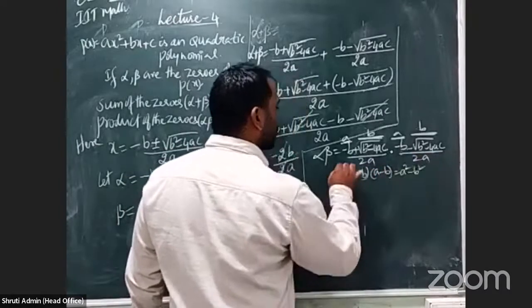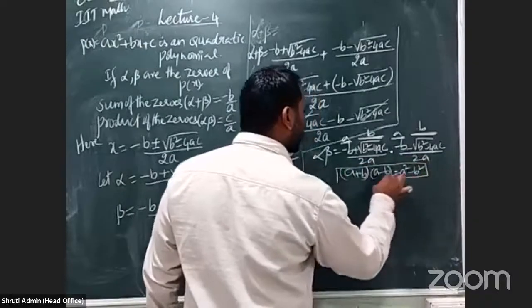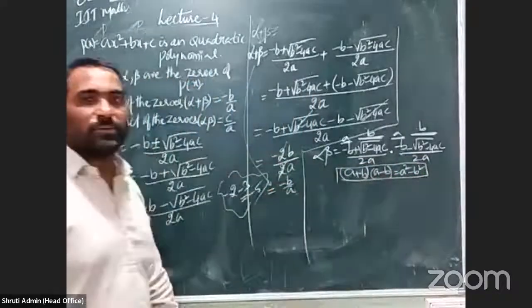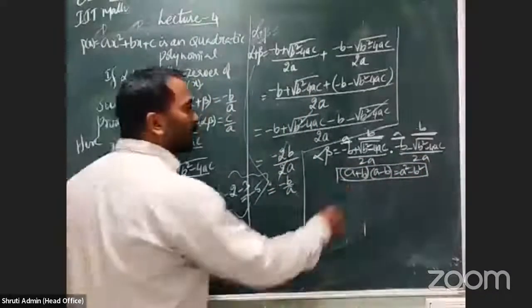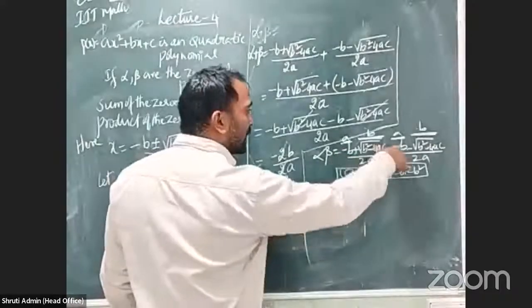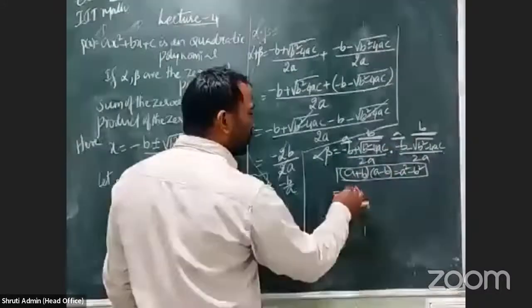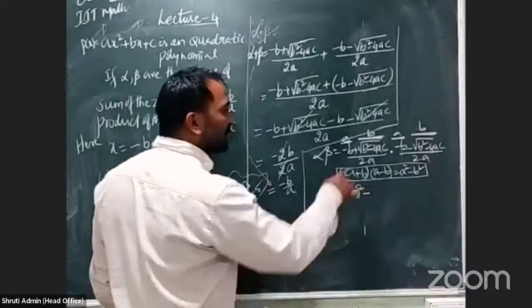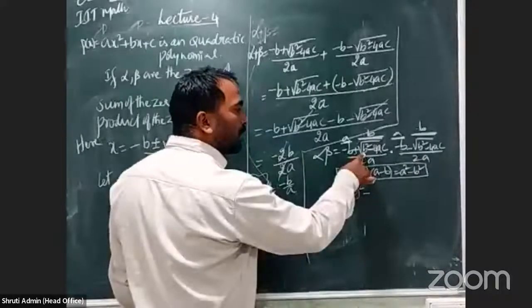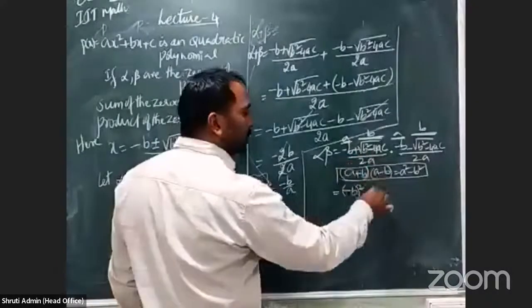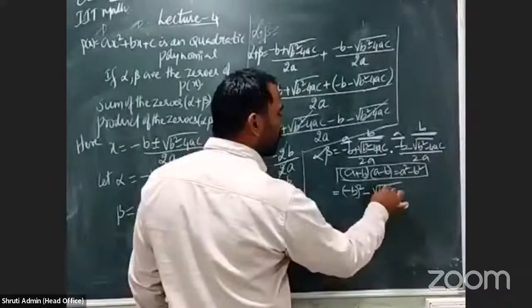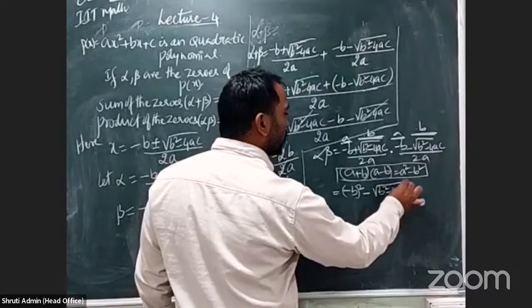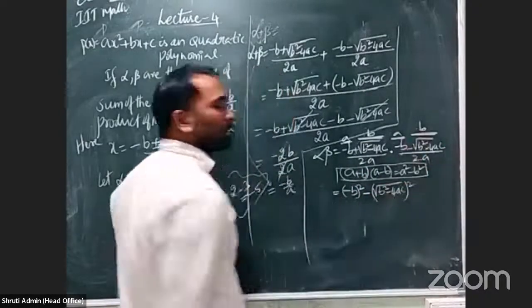Can I write a square minus b square? Now see, a square means minus b whole square, minus b square. b is nothing but root of b square minus 4ac, no? So b square means root of b square minus 4ac whole square.